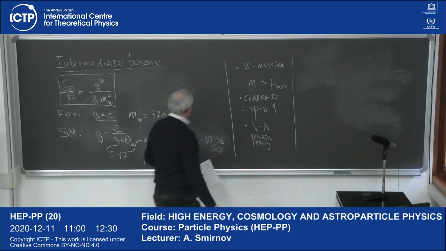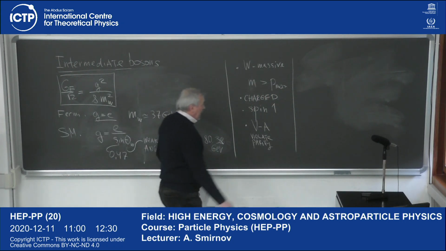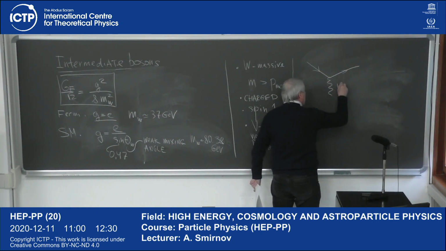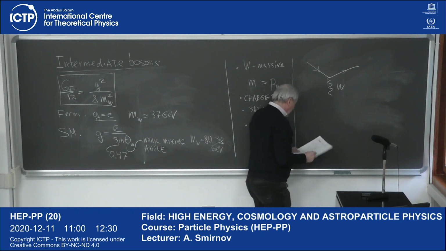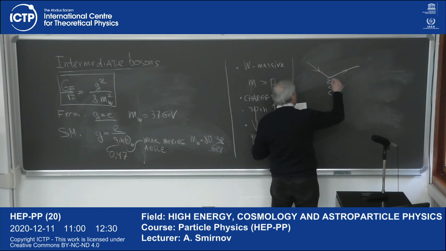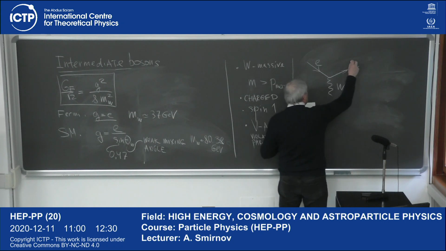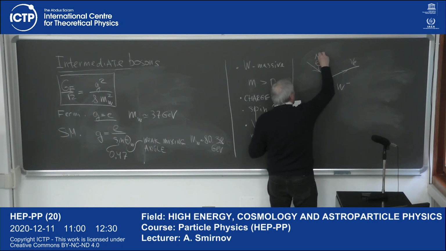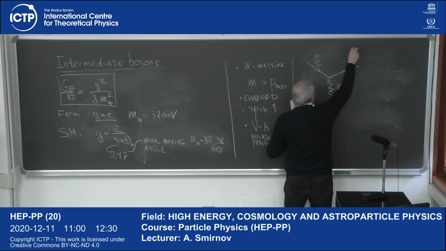And so let's come back. W bosons couple with currents, and that is depicted in this way. So we have W boson and fermions. And what are these fermions? So W can transform electron to electron neutrino, and that will be W minus if it propagates in this way. Muon, mu, and others.